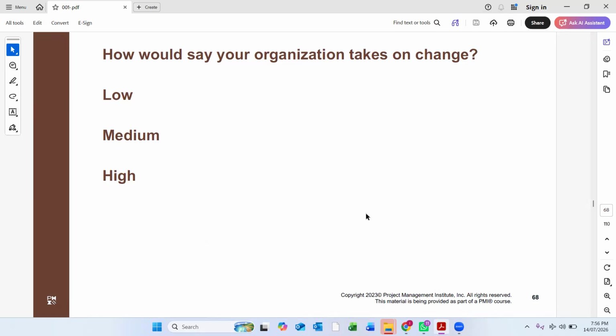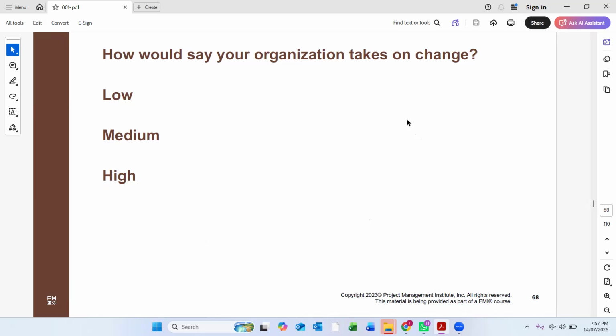So they're making changes rapidly. No, no, no, rapidly not. Okay, so you say your organization takes on change... you can say low or medium? Lower or medium, right? Yeah, low or medium. Okay.